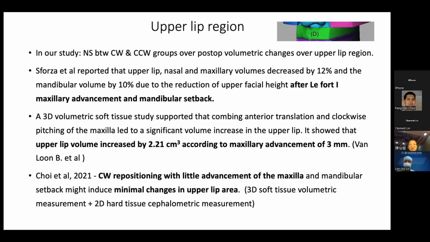And a previous 3D volumetric soft tissue study also supported that upper lip volume increased by 2.23 cubic centimeters according to maxillary advancement of about 3 millimeters. And in 2021, Cho also mentioned that clockwise repositioning with little advancement of the maxilla induced minimal changes in the upper lip area.